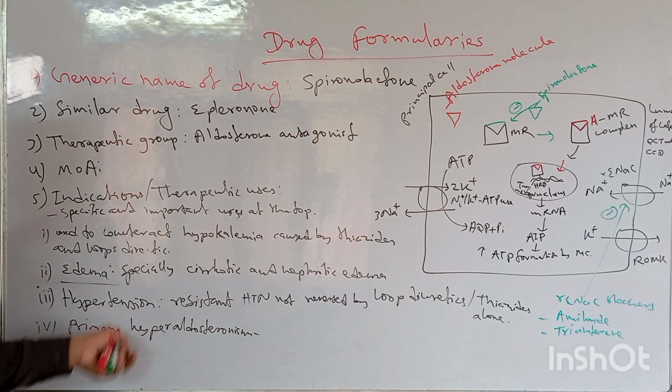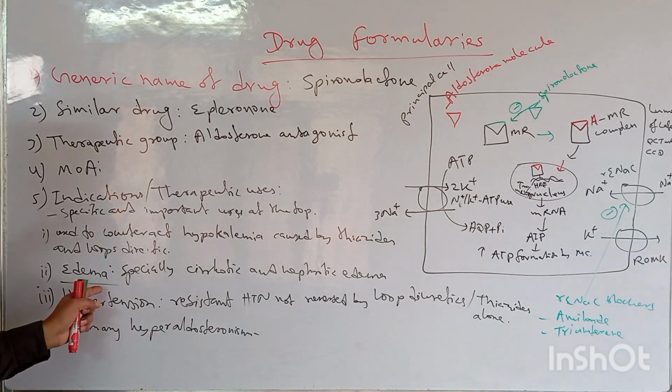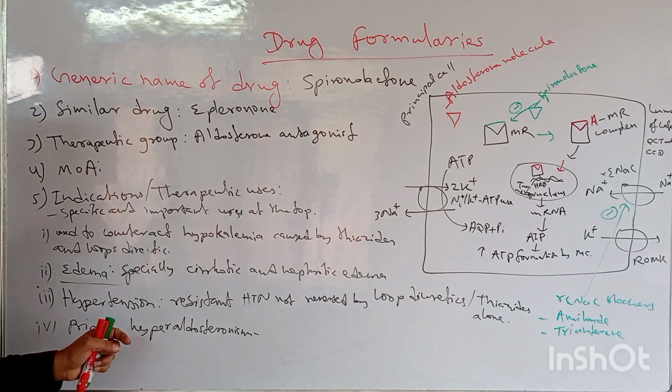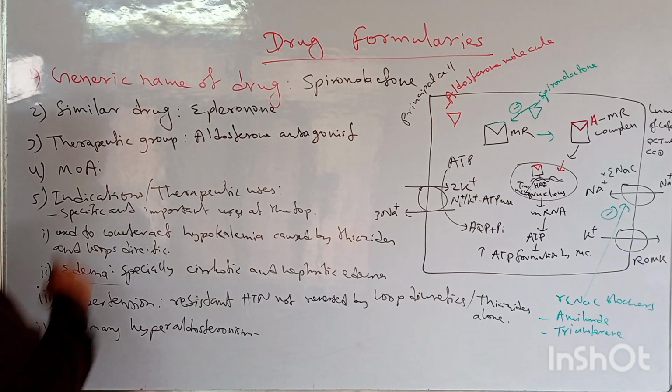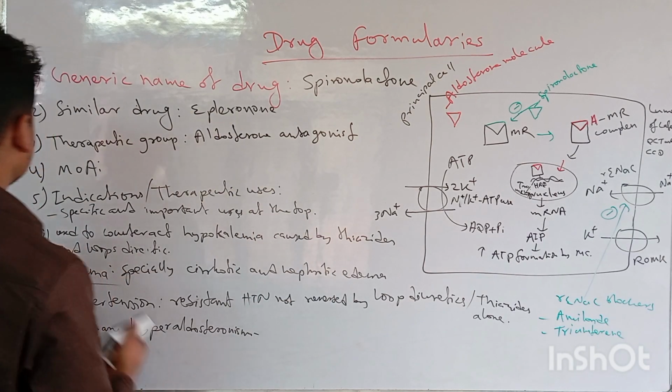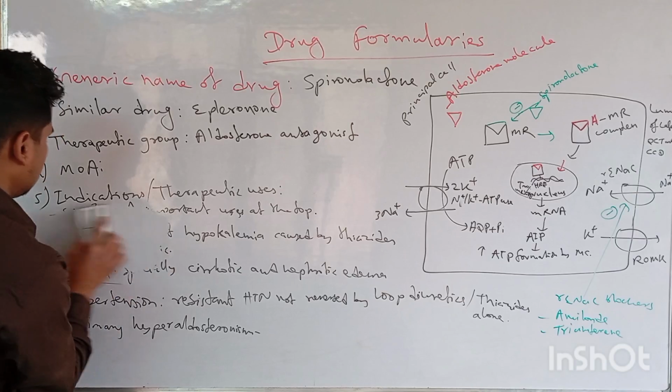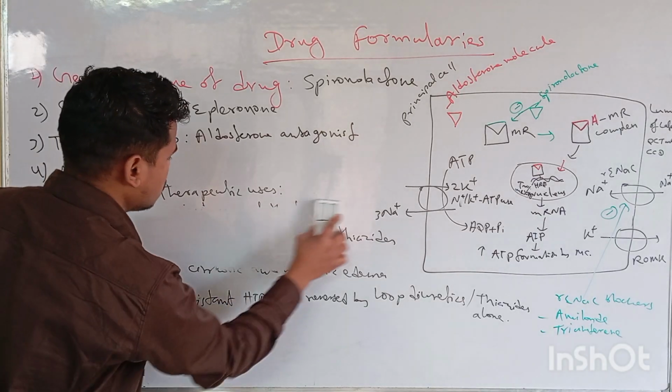spironolactone. So indication or therapeutic use, write 4 or 5 maximum and in chronological order. Now I will talk about the adverse effect. Adverse effect.